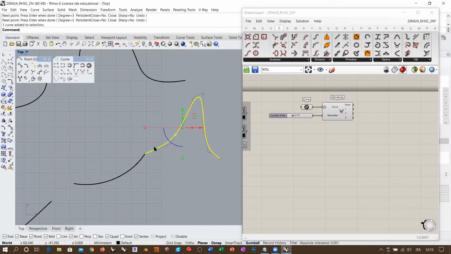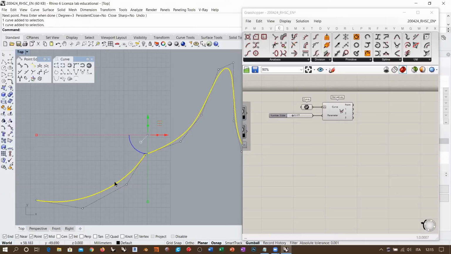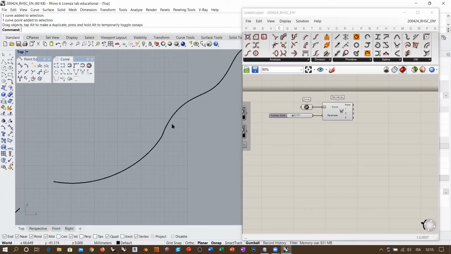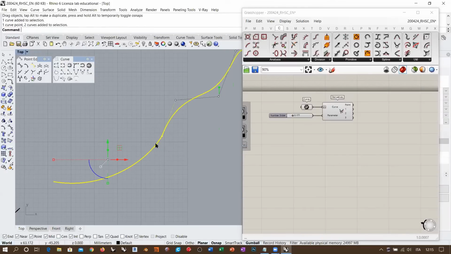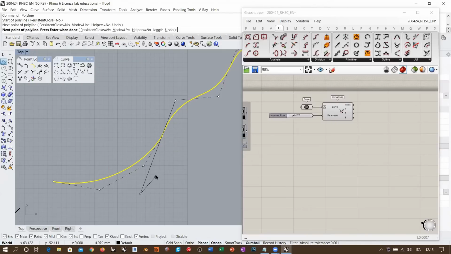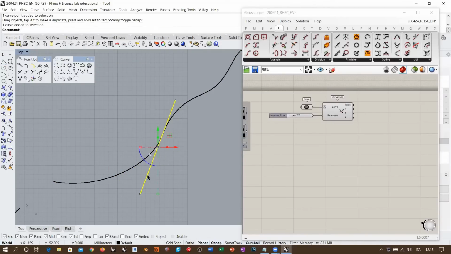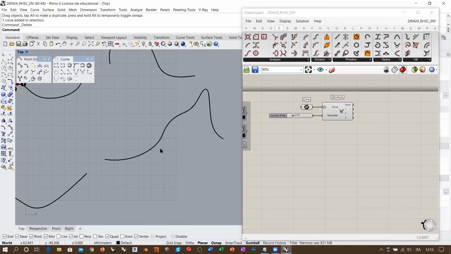And I want this curve to be tangent to this one. So let's say that this curve has this tangency. I want to make sure that these two curves don't form any vertex here. So I take this construction line here and place this point on the path of this line. So I'm sure that now there is no vertex in this point.